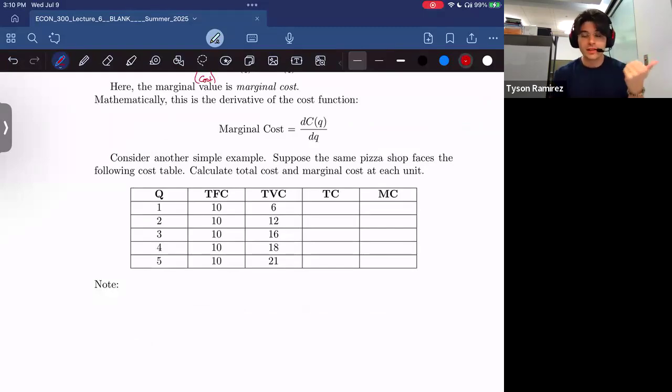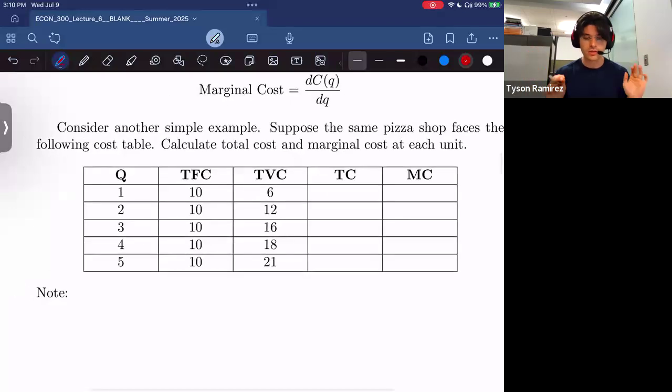So suppose that same pizza shop from earlier faces the following cost table. And I want you guys to calculate total cost and marginal cost of each unit. So pause the video now and fill in this chart right here, if you are able. I'll give us a few seconds to do that.